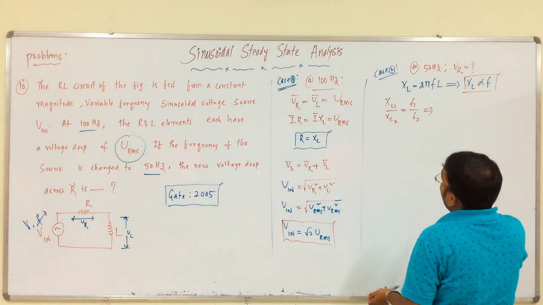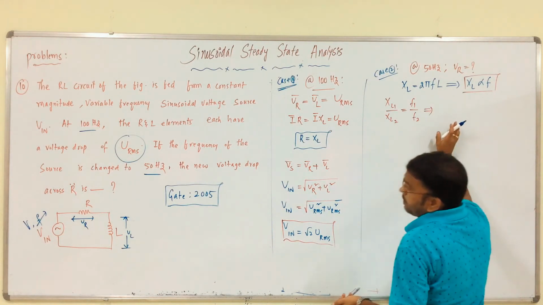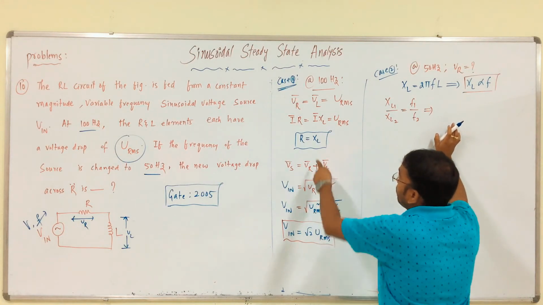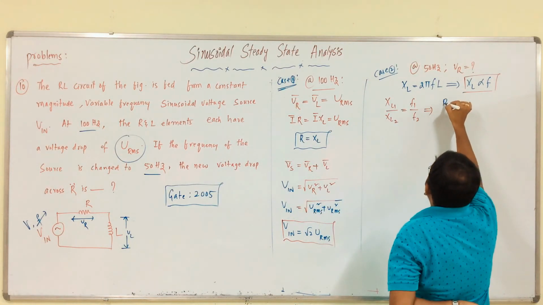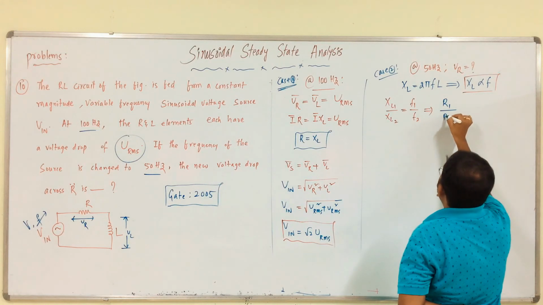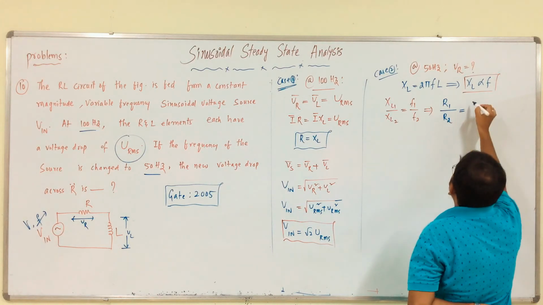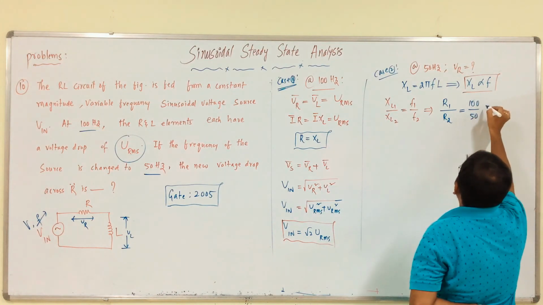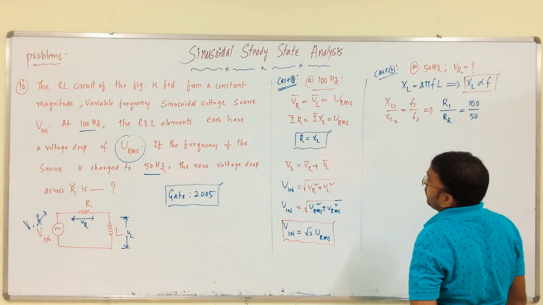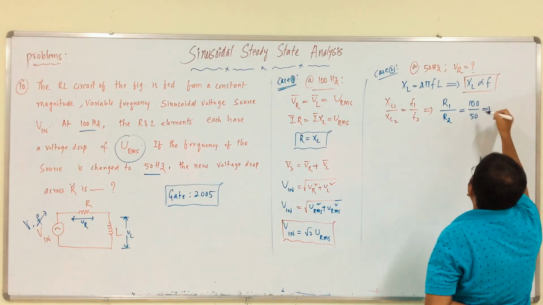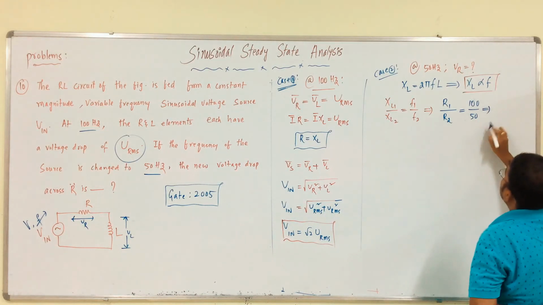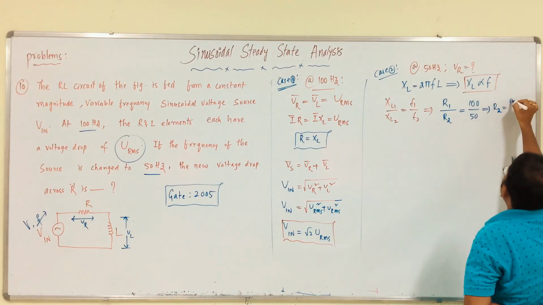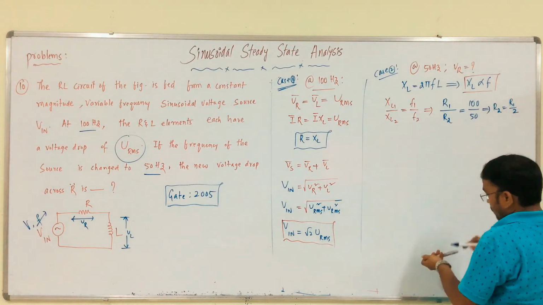XL1 is nothing but R1, and XL2 is nothing but R2, which is F1 of 100 by F2 of 50. R1 is given as XL. From this, R2 should equal R1 by 2. This is the second statement.